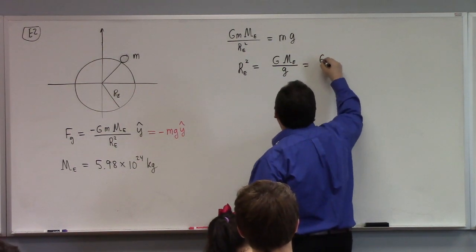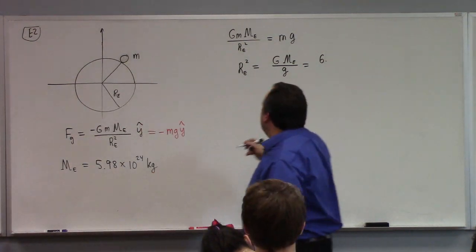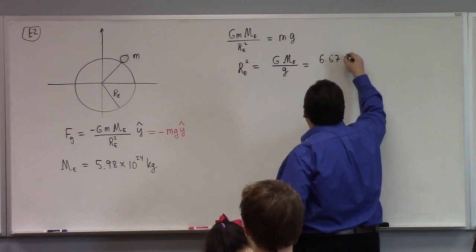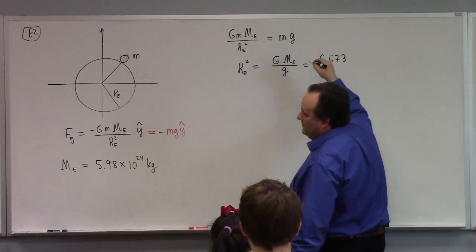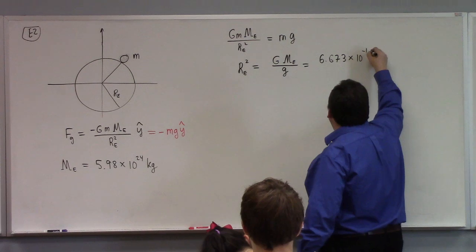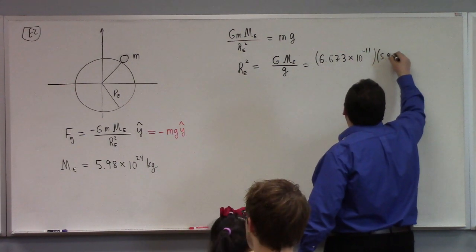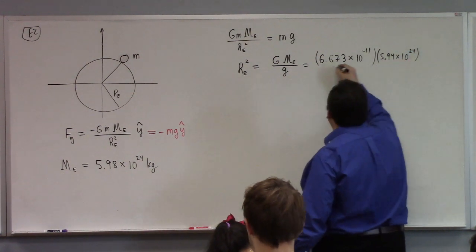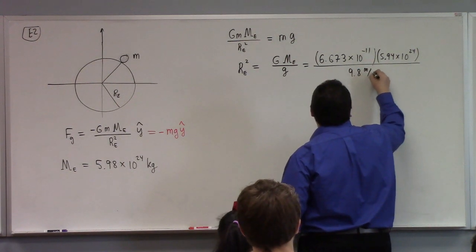We've got 6.67259. I'm going to stop after 6.673, because we don't have that many digits on the little g, times 10 to the minus 11, times 5.94 times 10 to the 24, divided by, let's say, 9.8 meters per second squared.